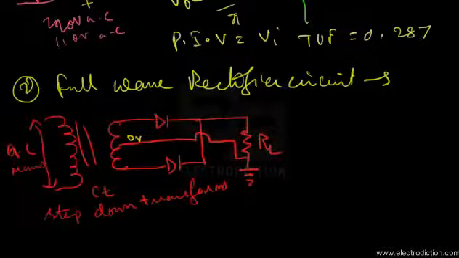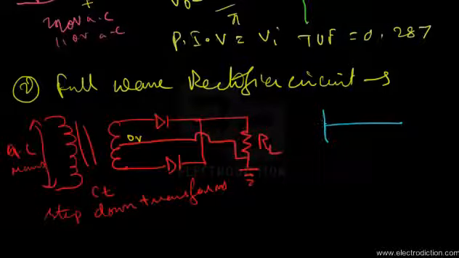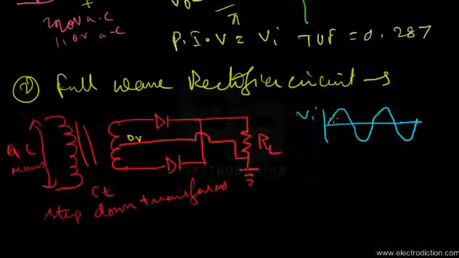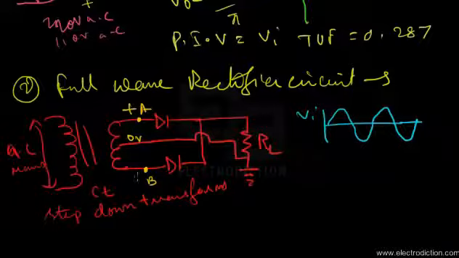And now when an input AC voltage arrives across the input terminals of this rectifier circuit, let's say this is Vi. So for the first half cycle, we see that the AC voltage lies in the positive voltage region, and hence the polarity occurring across, let's say, the terminals A and B will be somewhat like this.